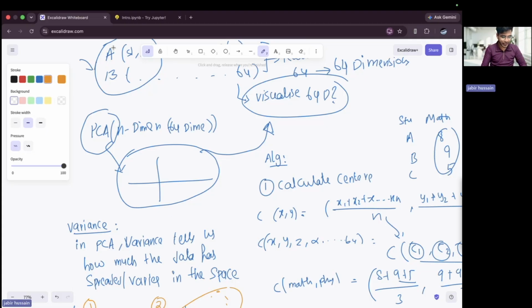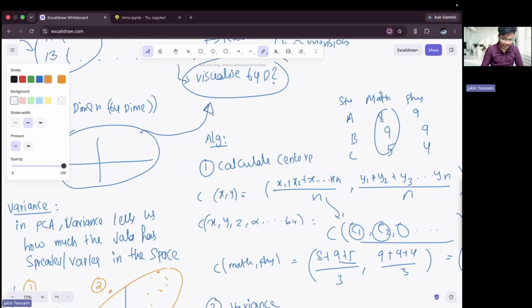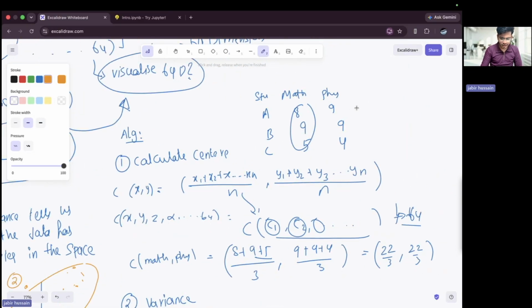Let's say student A has 10 marks in physics, 10 marks in math, and so do all the others, then point A equals point B equals point C. It's just the same point. And my question is, what can you conclude from a single point? You cannot. You need a cluster of points to draw any sort of patterns.